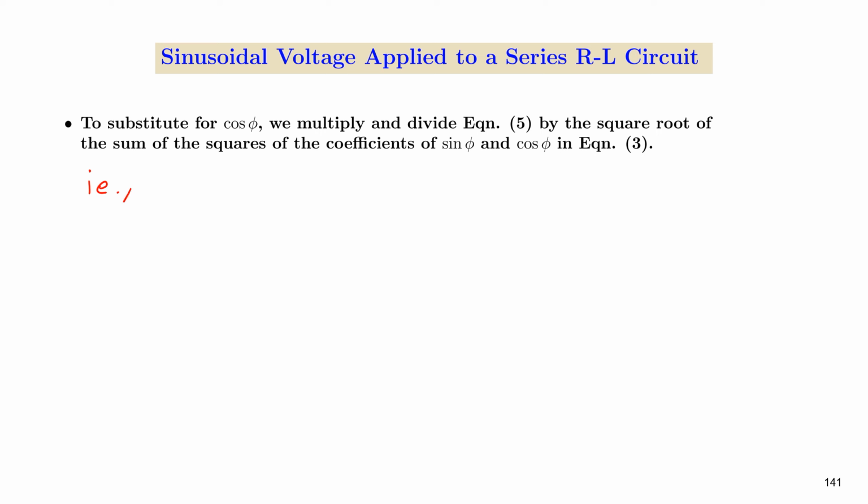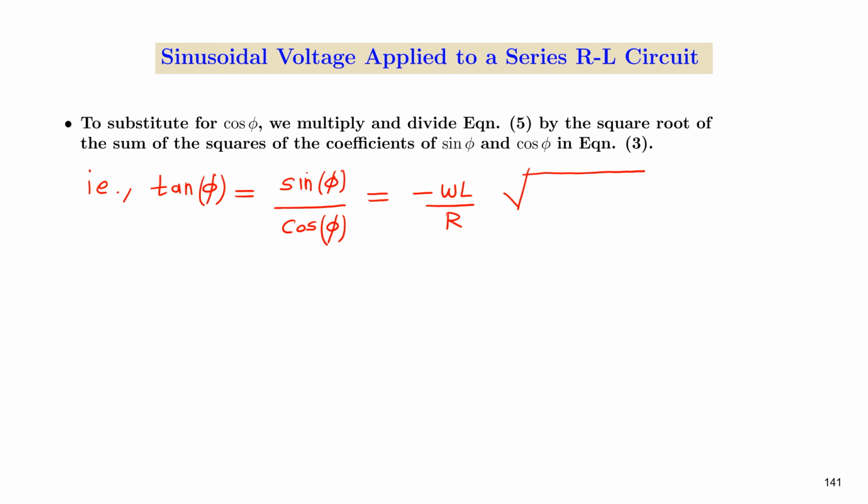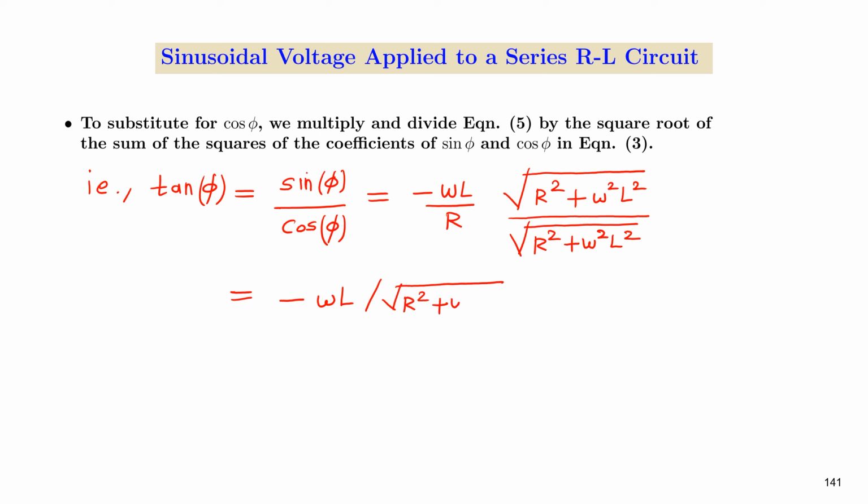That is tan phi equal to sin phi by cos phi, and this is equal to negative of omega L over r multiplied by square root of r square plus omega square L square divided by square root of r square plus omega square L square, and this is equal to negative of omega L divided by square root of r square plus omega square L square over r divided by square root of r square plus omega square L square.